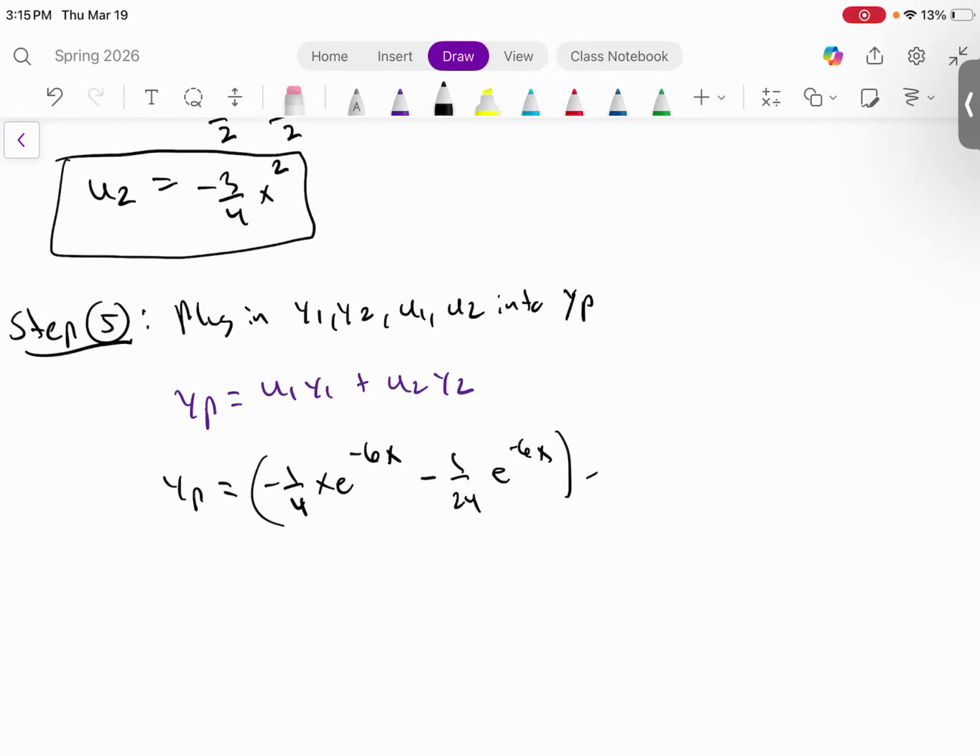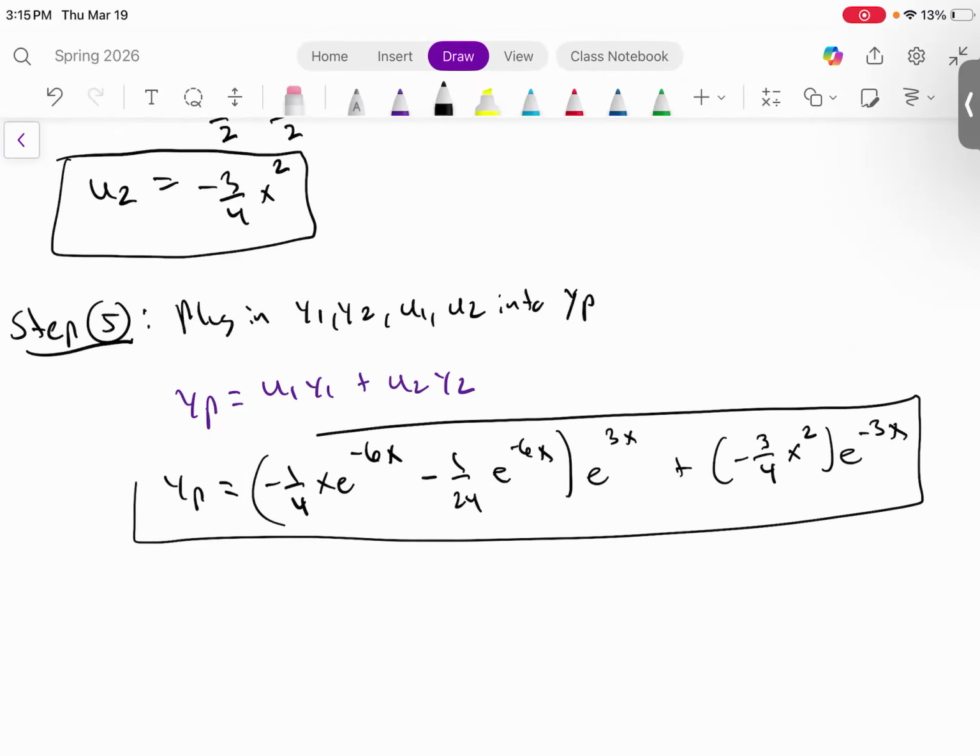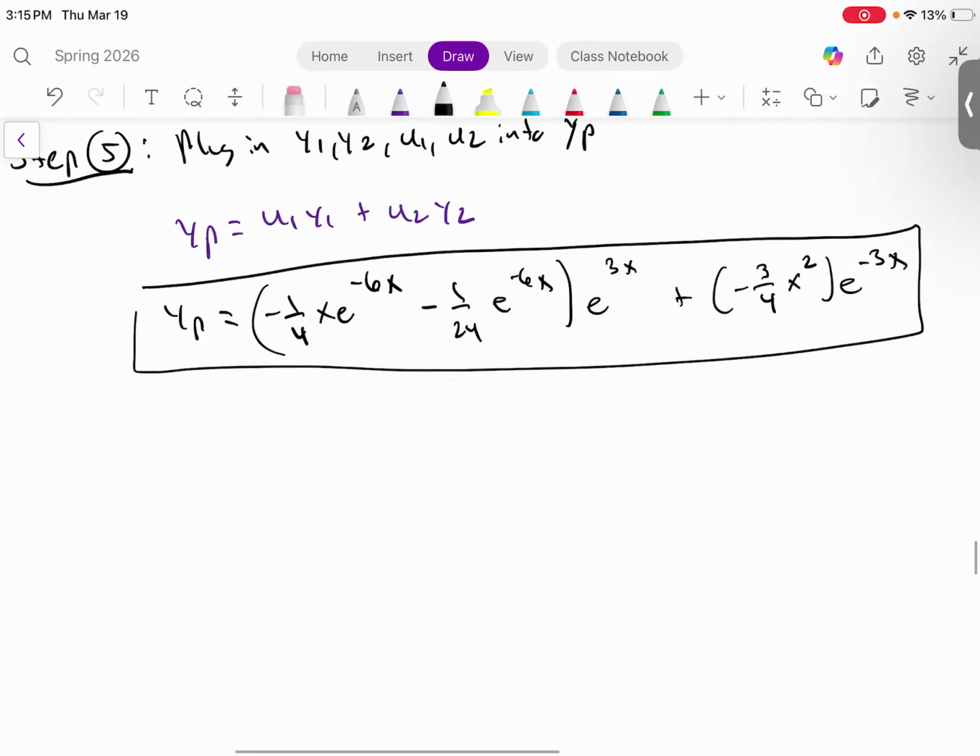My y1 is e to the 3x, plus negative 3 over 4 x squared times e to the negative 3x. So that's my particular.